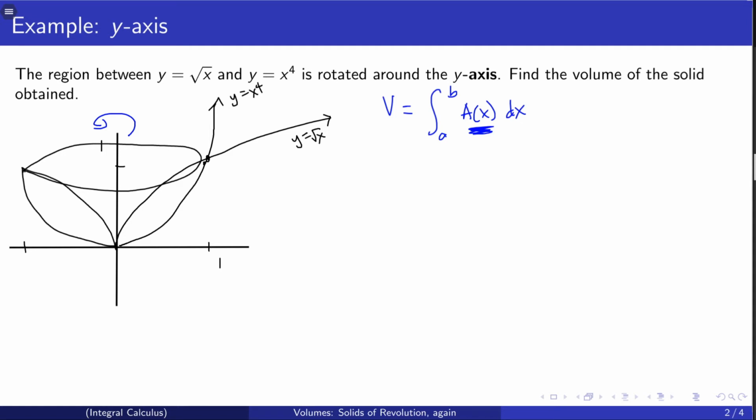But the issue here is we're not slicing it perpendicular to the x-axis anymore. If we were to do that, you wouldn't be getting circles. When we slice it perpendicular to the y-axis, then we're going to get circles.